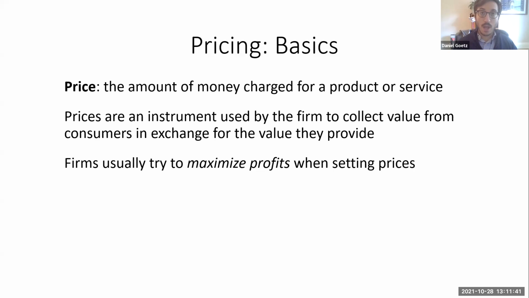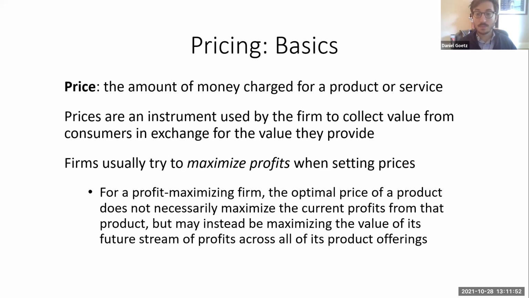So when we think about how firms set prices, because that's the topic of today's lecture, basically, how do you pick the price? We usually think about them as trying to maximize profits, right? Now, for a profit maximizing firm, setting prices to maximize profits doesn't necessarily maximize the current profits from that particular product, because as we've discussed, your consumers aren't just first-time buyers, but you also have repeat customers, right?